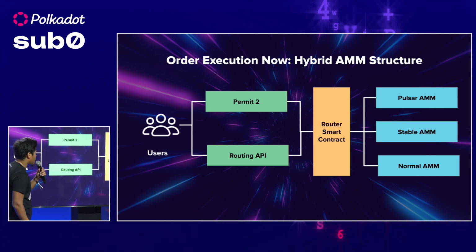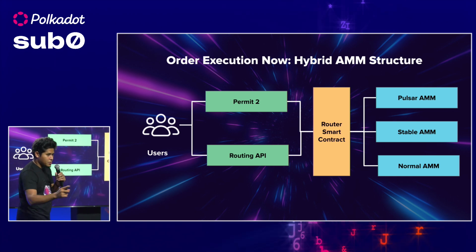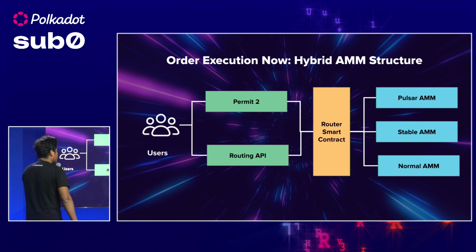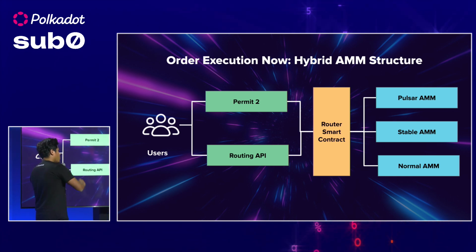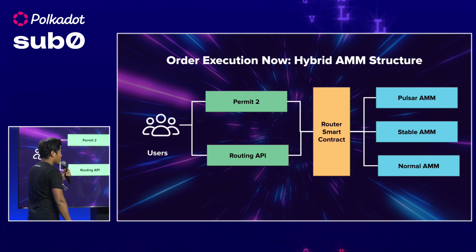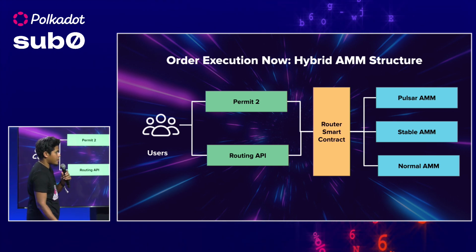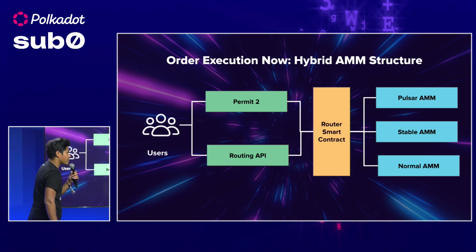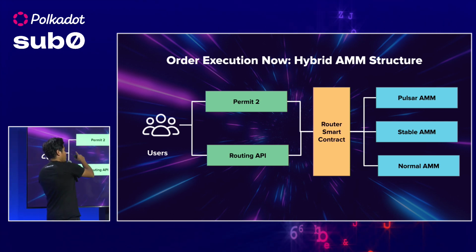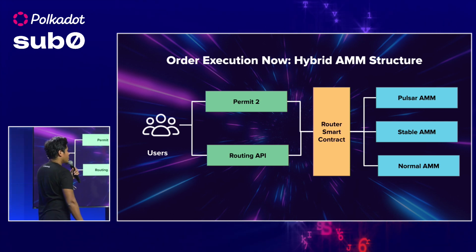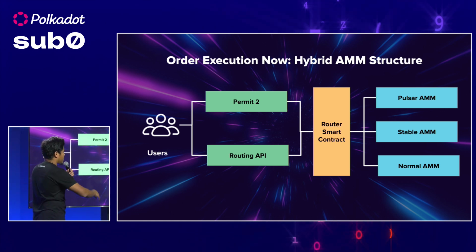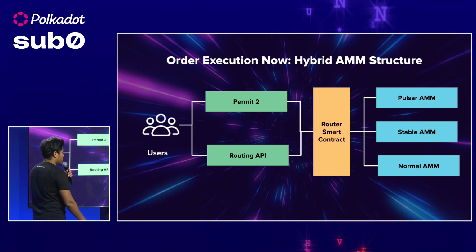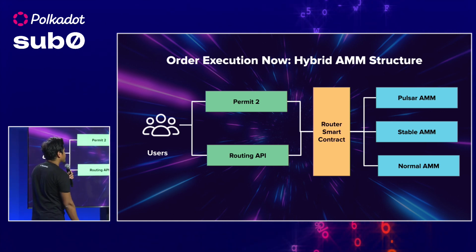We've actually integrated Permit2, which is done by Uniswap. It provides a one-time token approval, which is very secure, and it improves the UX because there's a gasless component to it. So we've integrated Permit2 to make the whole infra more secure as well as more UX friendly.